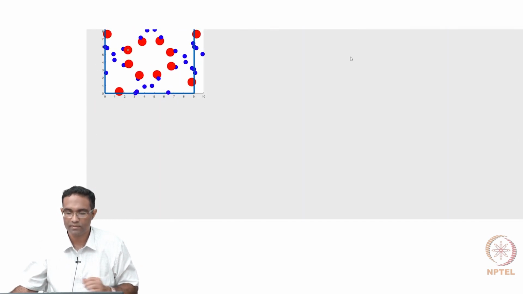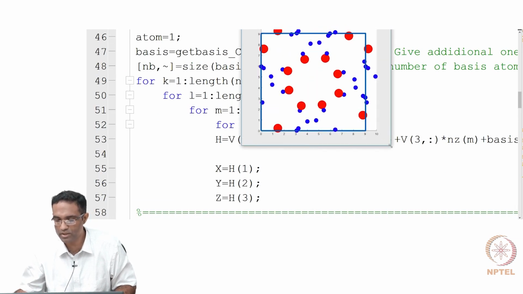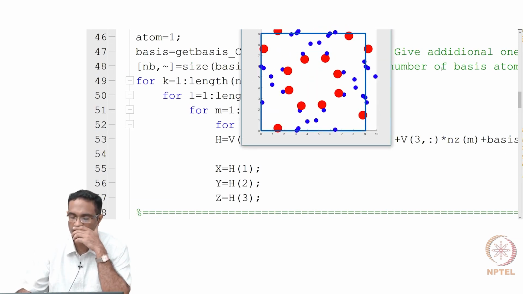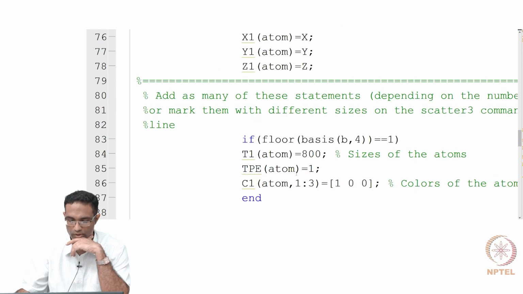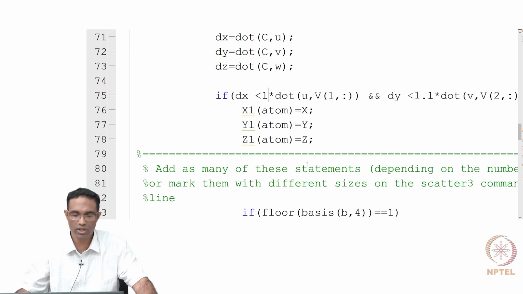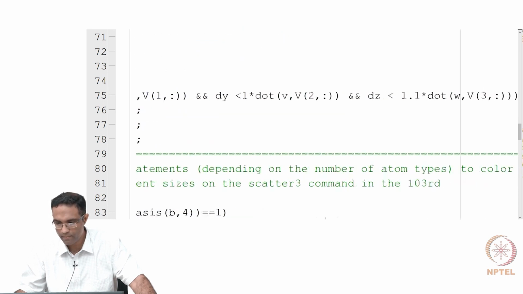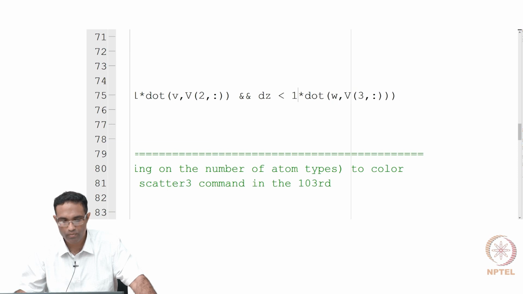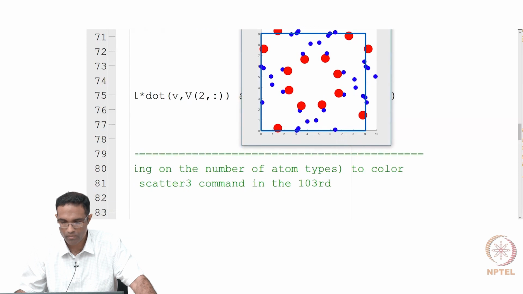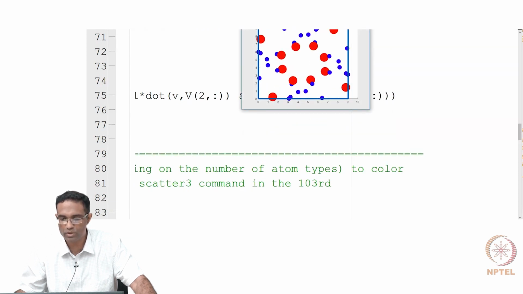And that's the crystal structure for Cs3P7, just one unit cell, with of course some of the boundary atoms turning up here, and the reason for that is that we have said to print 1.1 here. If I change this to just 1, as I mentioned in the last class, you would not see those atoms, right?